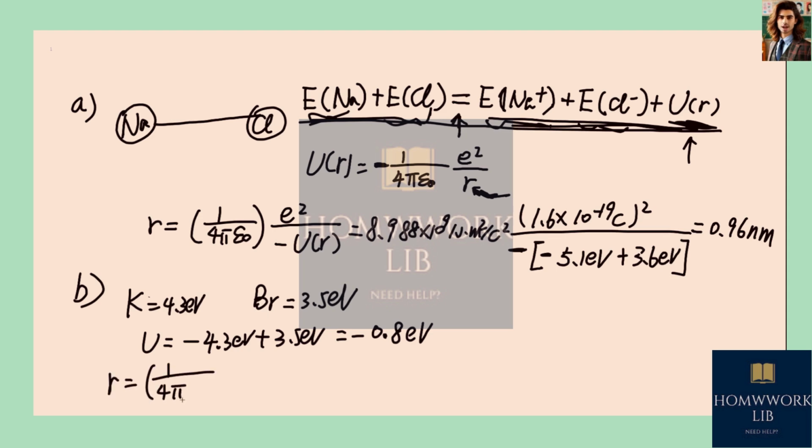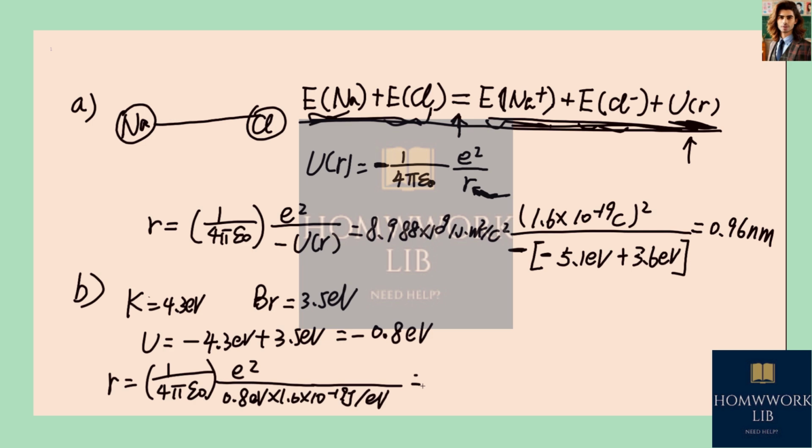All the rest of the steps are the same. We use the same equation for r, except that now we have a different energy. The charge carried by each atom is still e squared, and now we have 0.8 electron-volts. Again, let's use SI units to convert this into joules, with 1.6 times 10 to the negative 19.